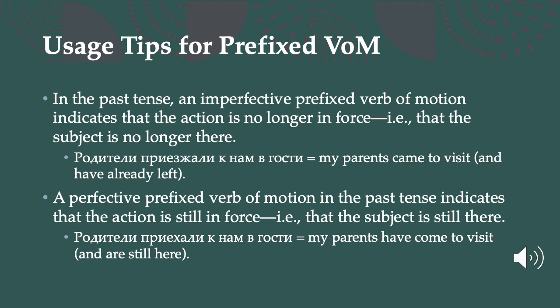And this kind of seems like directionality maybe, and it may be a little hangover from directionality, but it's also this concept of aspect where imperfective means something where the action is no longer in force, and perfective means that the action is still in force, that the action still has an effect. So you can look at it either way. So that is something to remember with prefixed verbs of motion.